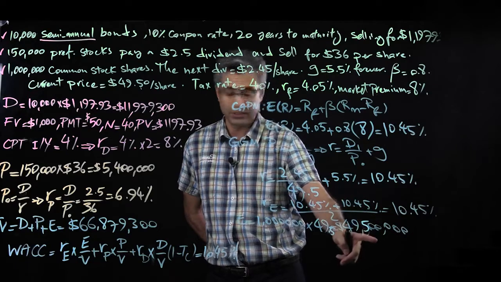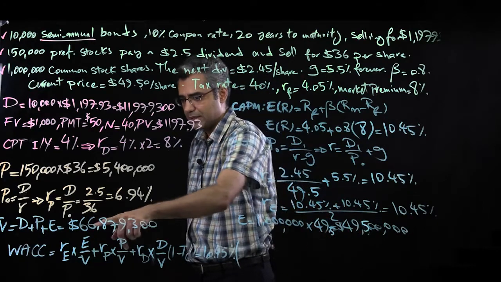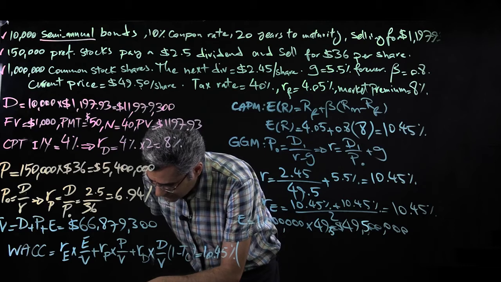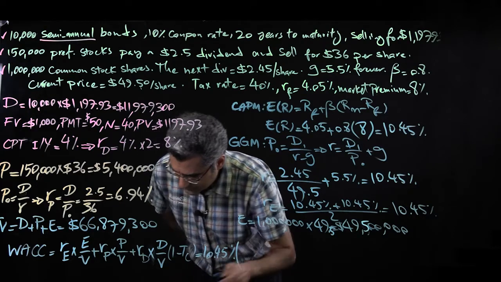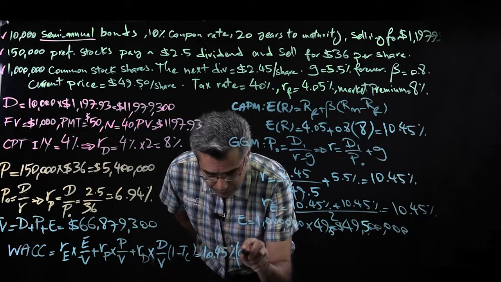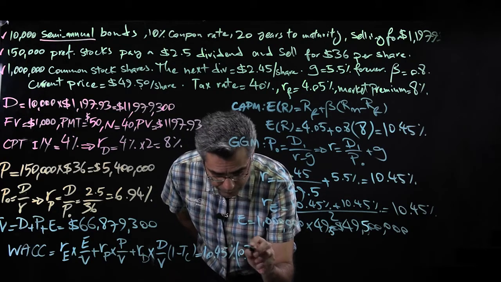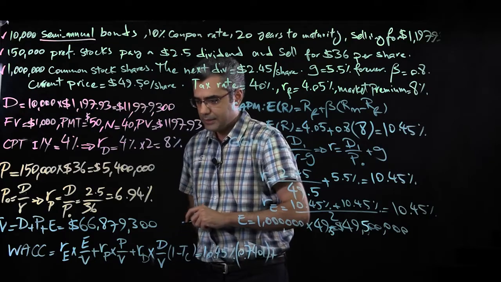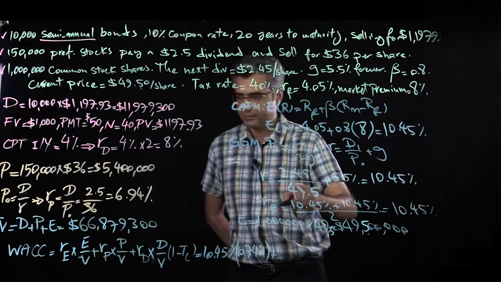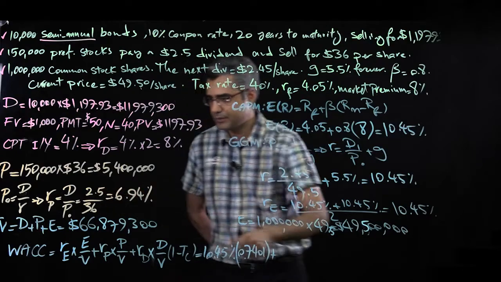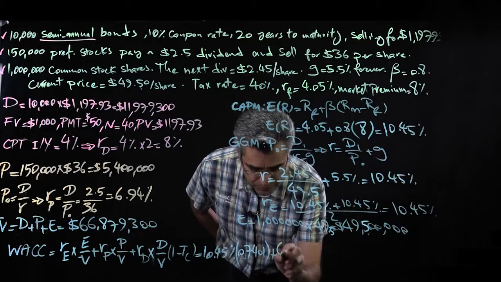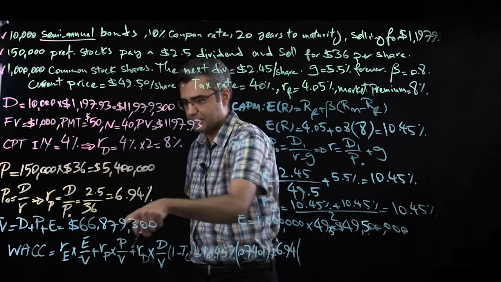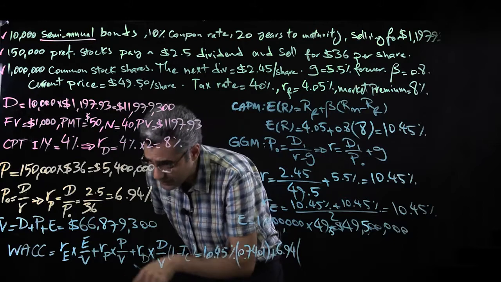10.45% multiplied by E over V, meaning the size of common stock, 49,500,000 divided by 66,879,300. I have already done the calculation, and it's 0.7401. Then plus the cost of preferred stock, 6.94% multiplied by P divided by 66.8 million, so 5.4 million divided by 66.8 million.